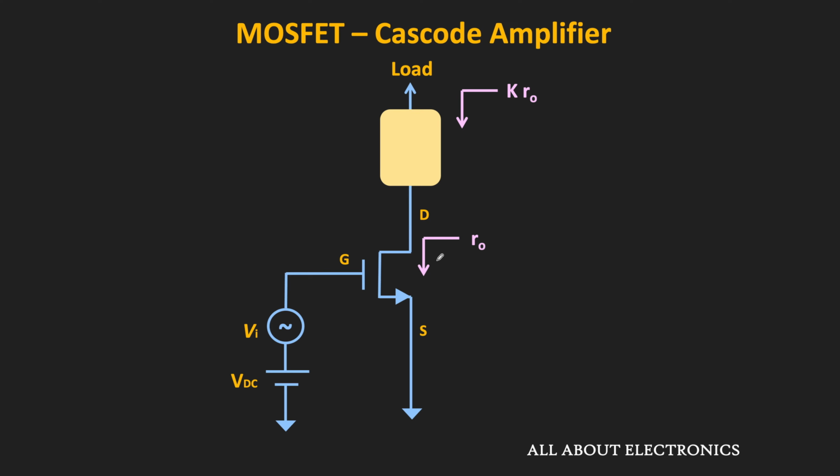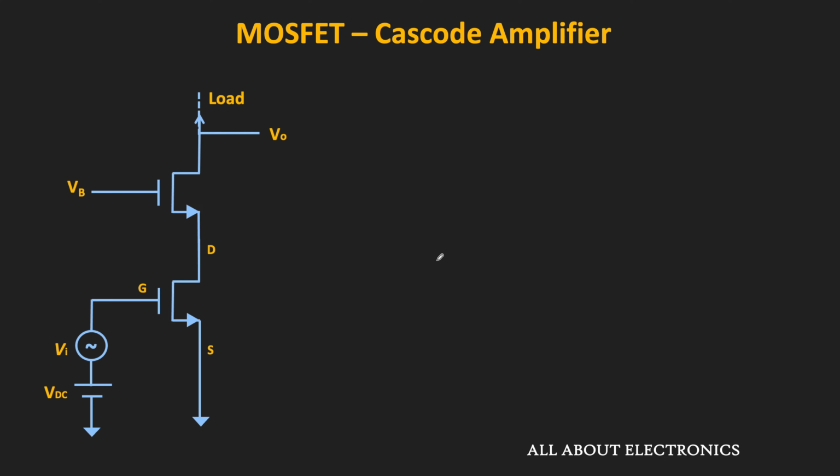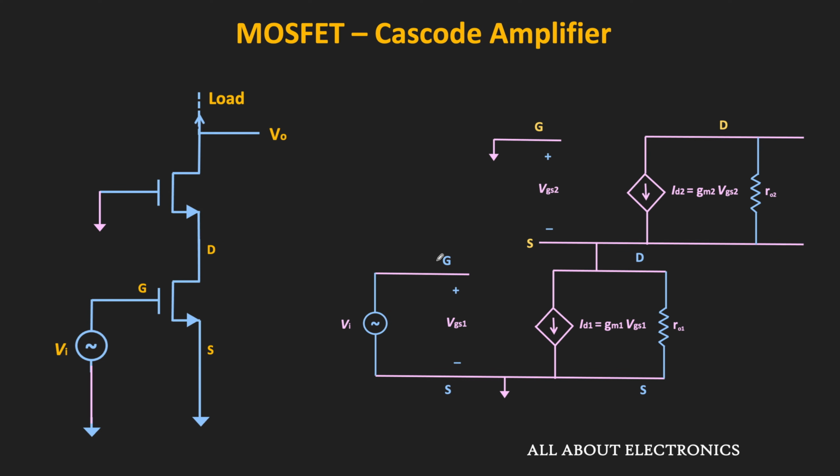Let us understand this through a small signal analysis. For the AC analysis, the DC voltage sources act as 0, and if we replace the MOSFETs by the small signal model, the equivalent circuit will look like this.